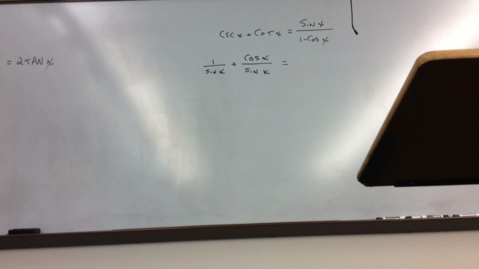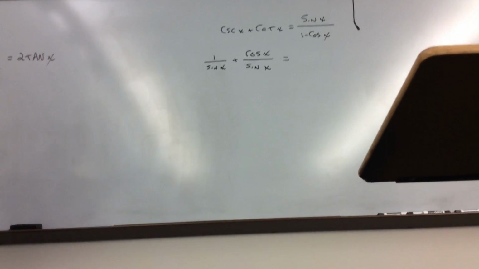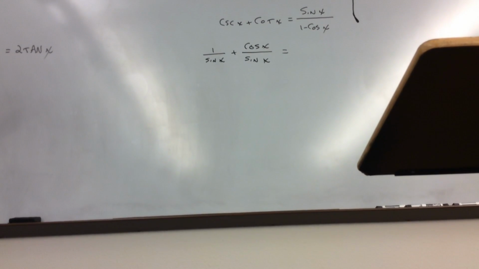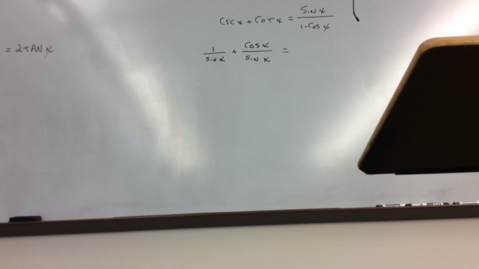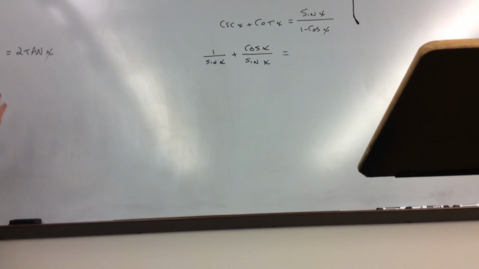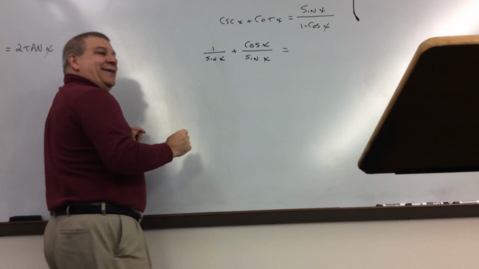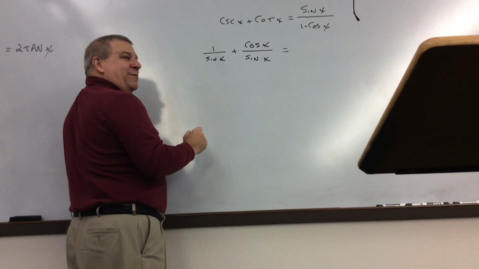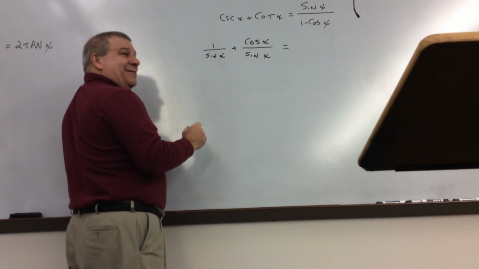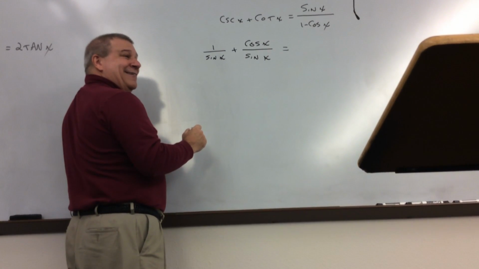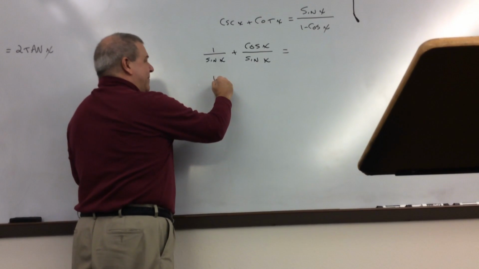The next step should be obvious. The denominators are equal. That's great. You don't even have to get an LCD. So what's the one fraction? Rob, what's the matter? Talk to me. 1 plus cosine of x over sine of x.